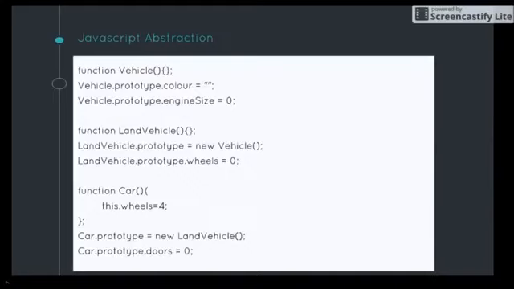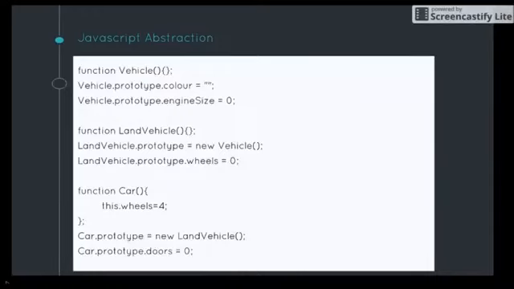First of all you create a vehicle object, and then we create variables on the vehicle prototype so they can be inherited, like color and engine size. Then we know that land vehicle inherits from vehicle, so land vehicle now inherits from vehicle, and then we give it its own variables.